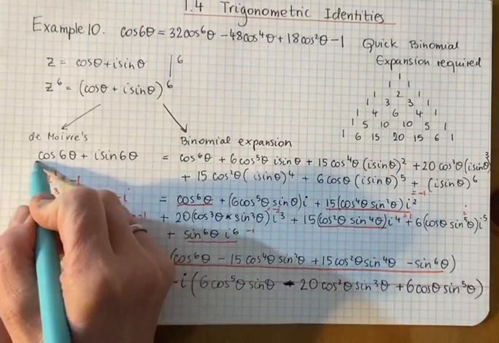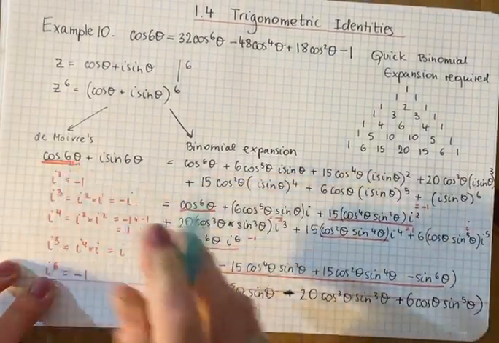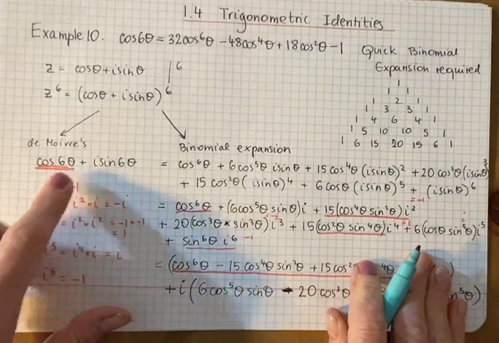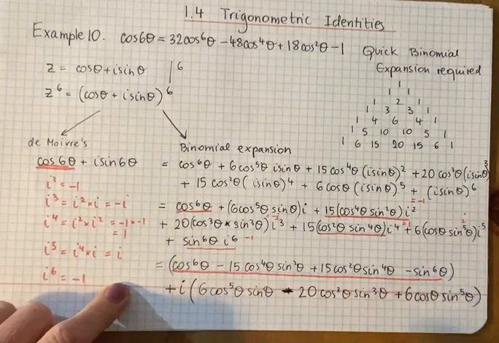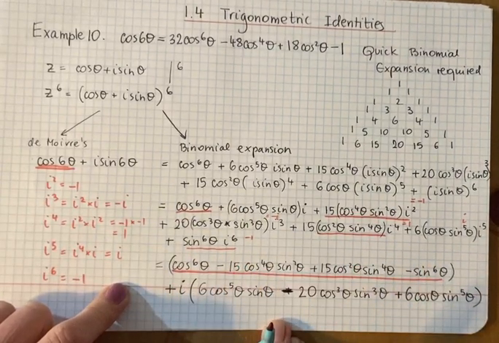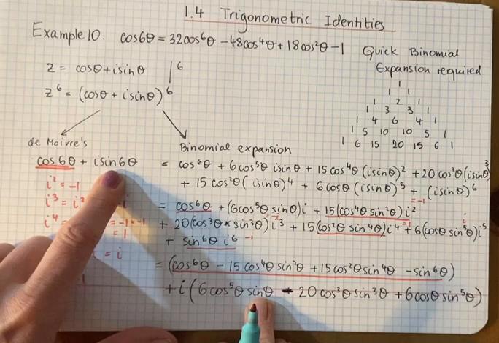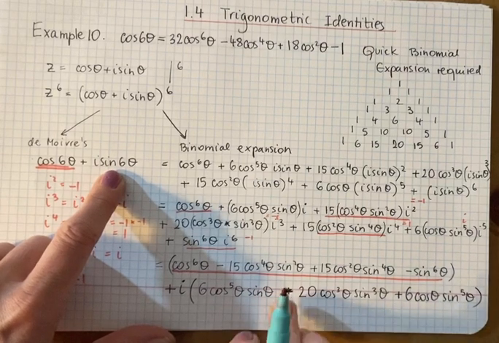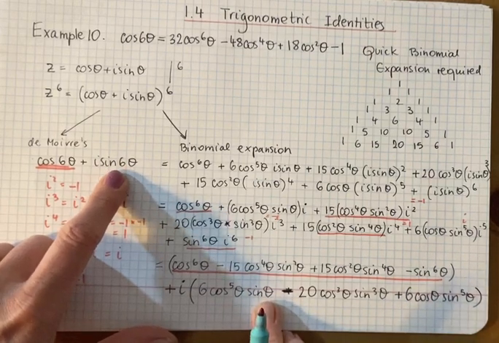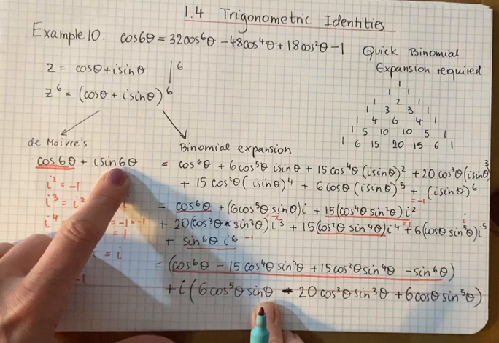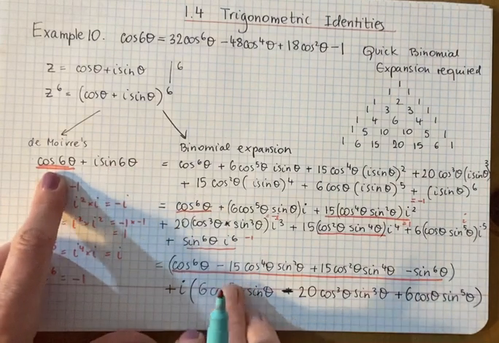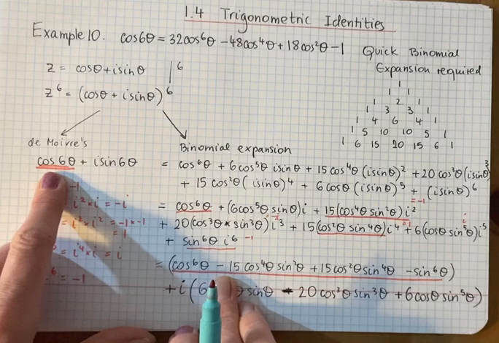So this is the real part of the expansion using Desmos, and this is the real part using binomial expansion. They have to be equal. In the same way, if you compare the imaginary parts, they will need to be equal. Since the question is not asking us to find what sine 6 theta is equal to, we just need to concentrate on the real parts.